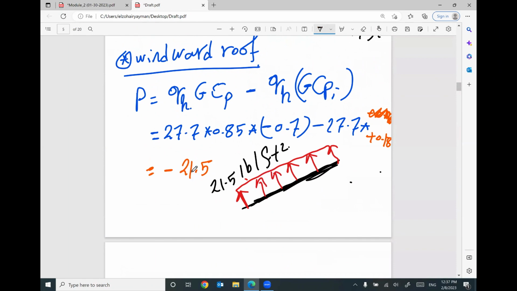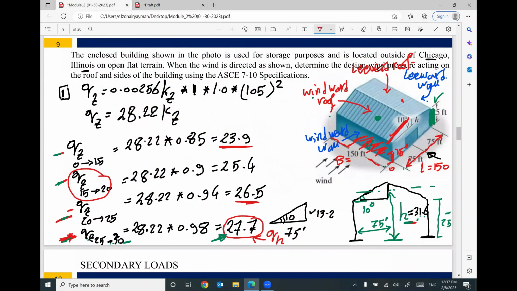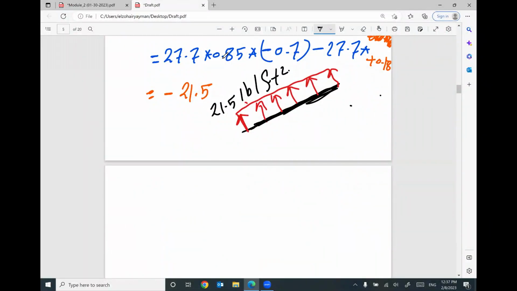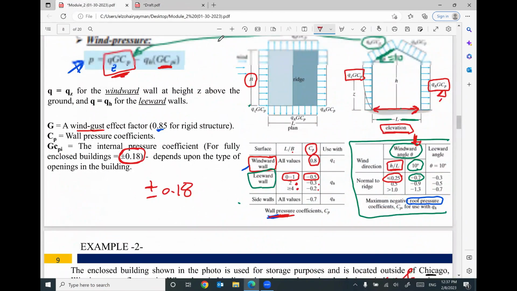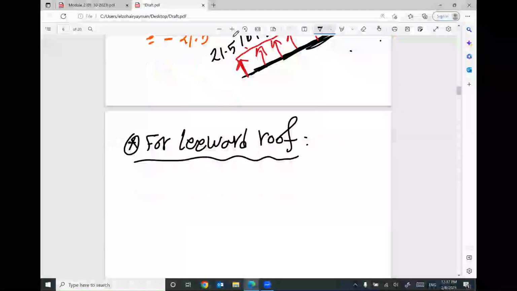The remaining one is the second part of the roof on the other side, which is called leeward. So for the leeward roof, please follow what's written here. This term will be used instead of this term. Looks like we will have the same equation.